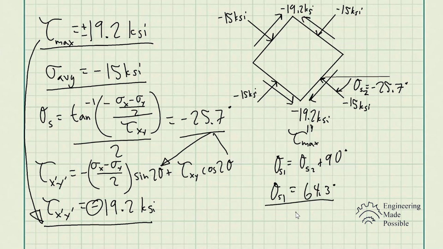The only reason I bring this up is because the previous relationship I showed was theta s1 is equal to theta p1 plus 45 degrees, since that's the offset between the angles, and you'll see that this in fact meets the condition. Theta s1 is equivalent to 64.3 degrees because theta p1 is 19.3.